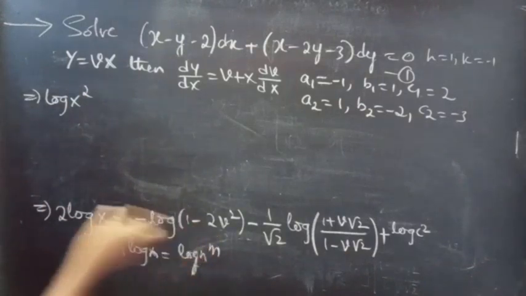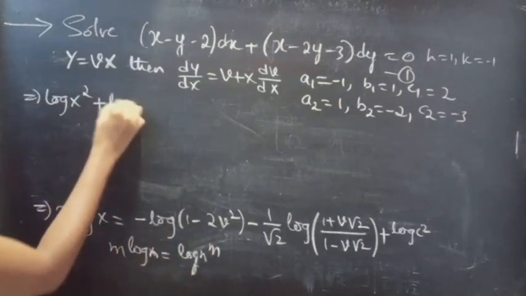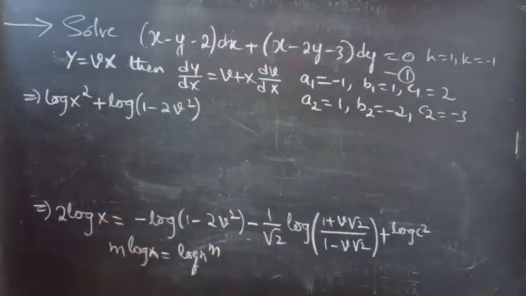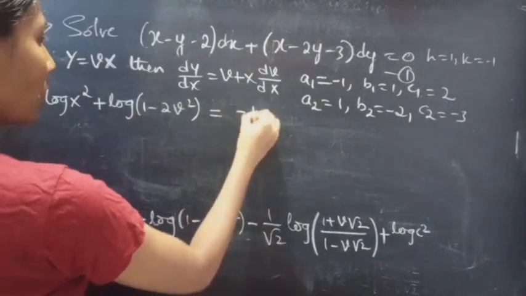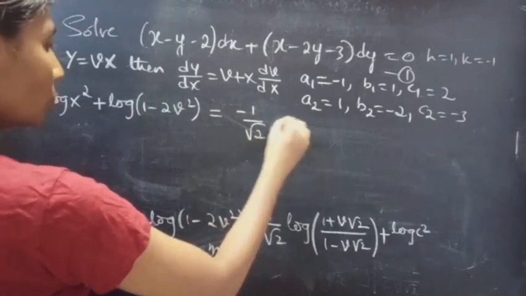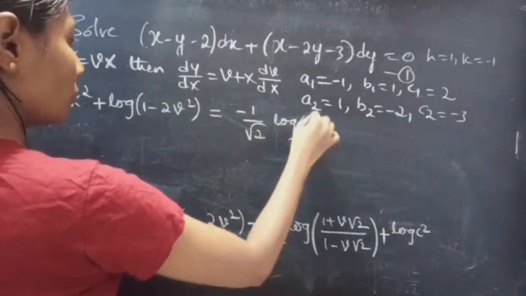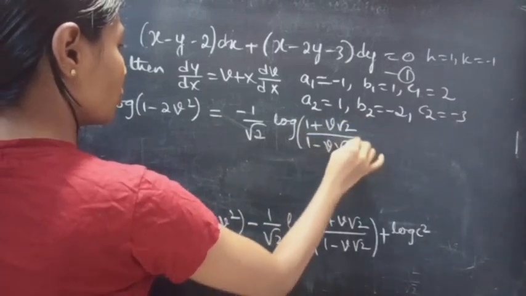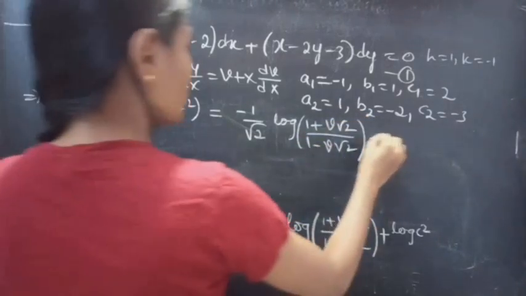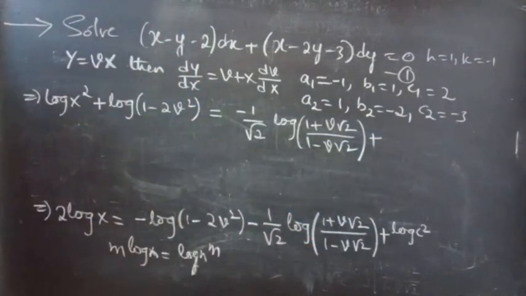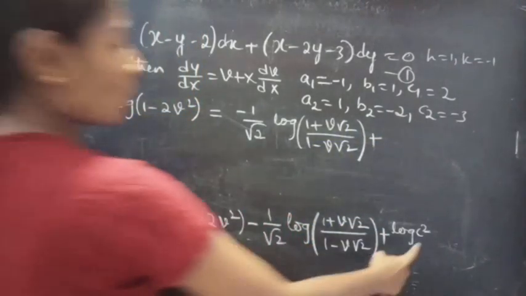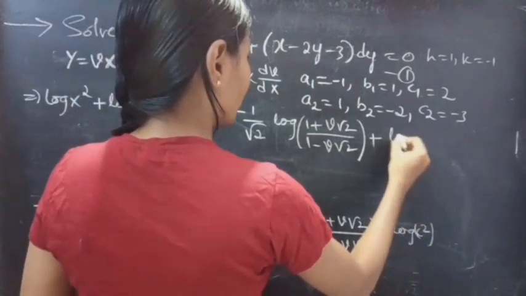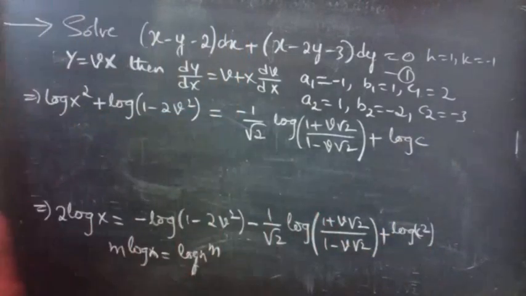Now take this to LHS, it becomes plus log 1 minus 2v square equals to minus 1 by square root of 2 into log 1 plus v root 2 by 1 minus v root 2 plus, since c is constant, you can write c square as c. Okay? Log c.